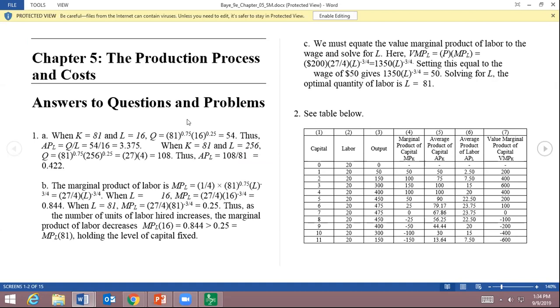So who knows the equation that we need? W is wage. Who knows the equation that we need to maximize profits with respect to labor?